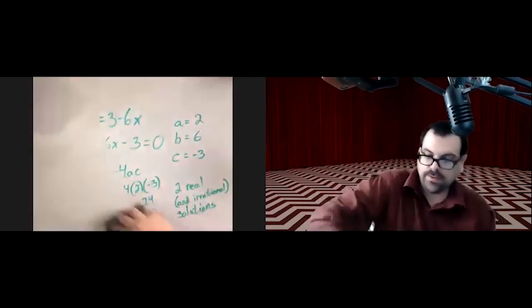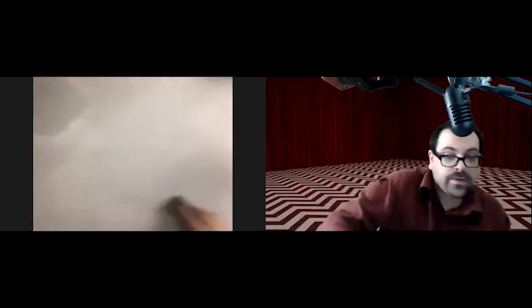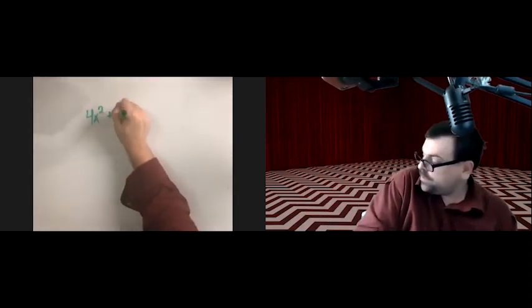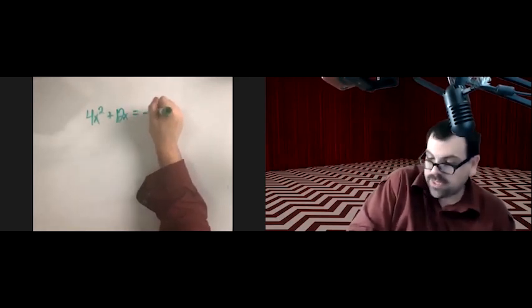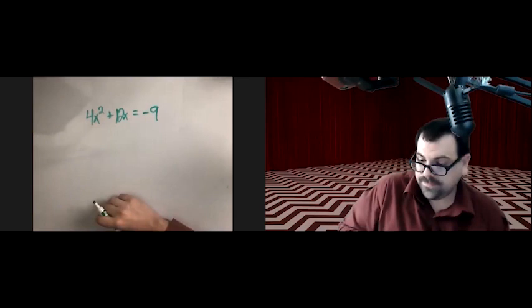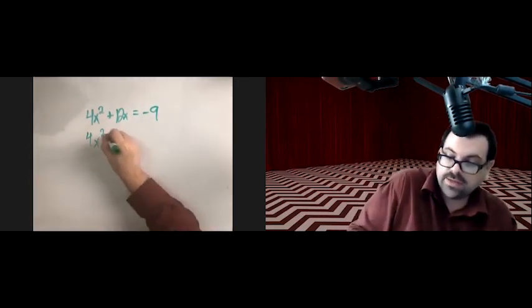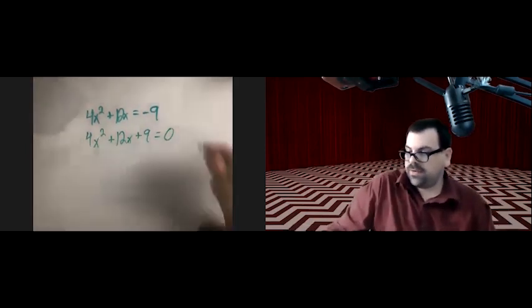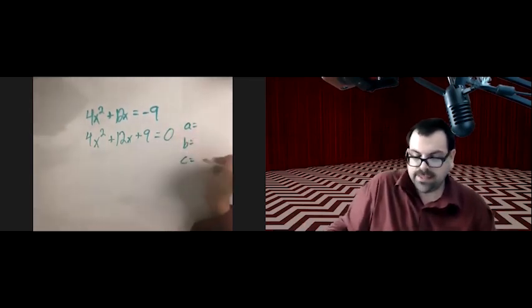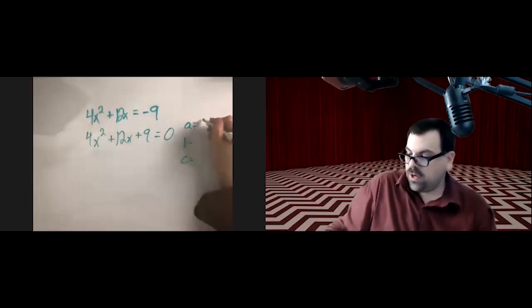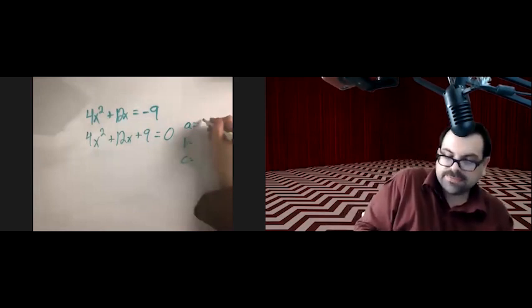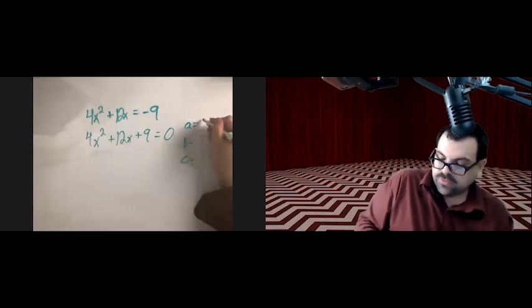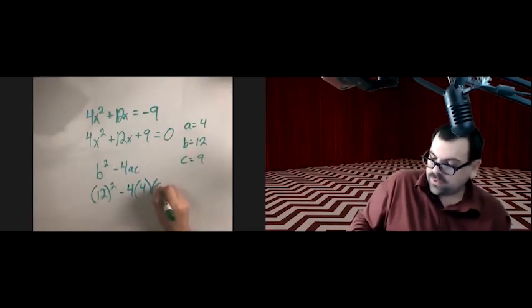Finally, if we had 4x squared plus 12x equals negative 9, again, get everything on one side, 0 on the other, so plus 9, before we can pick our a, b, c. a is positive 4, b is positive 12, c is positive 9. b squared minus 4ac would be 12 squared minus 4 times 4 times 9.